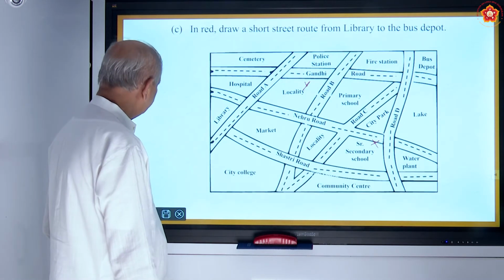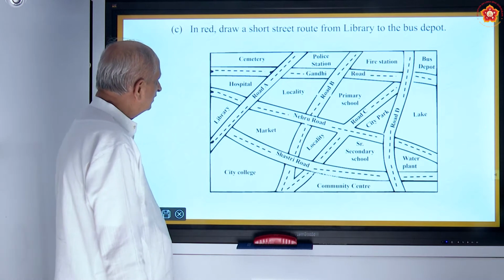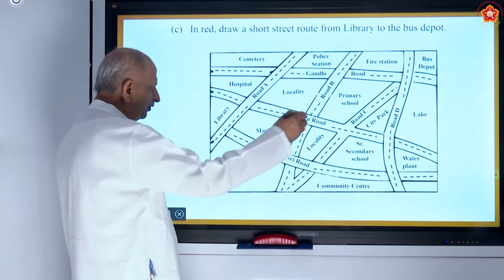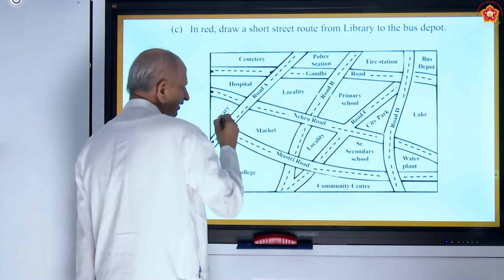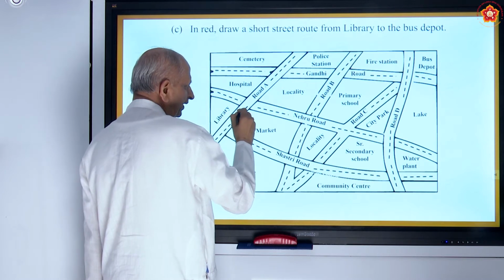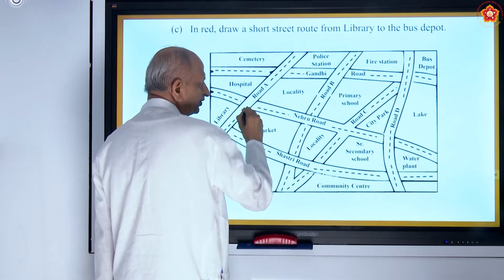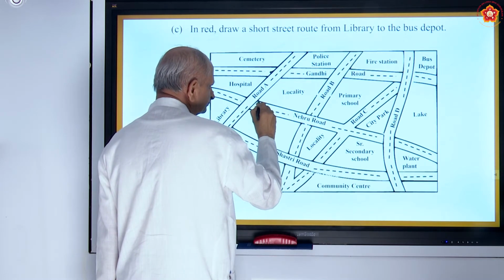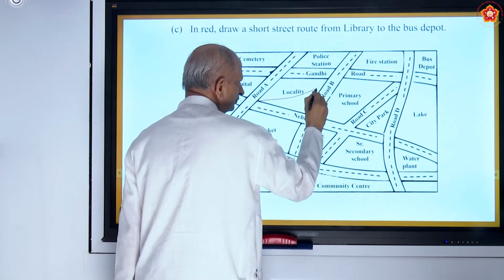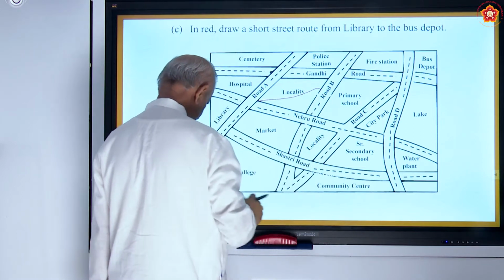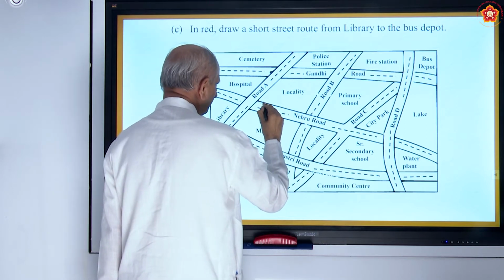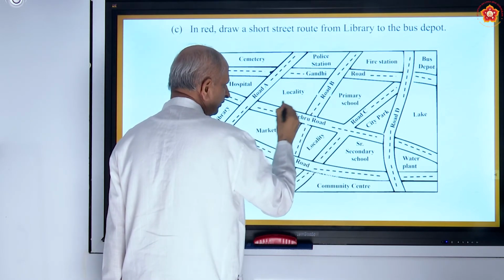Third question: in red, draw a short street route from library to bus depot. So bus depot is here, library is here. You are asked to draw a short street route. So from here we will start.